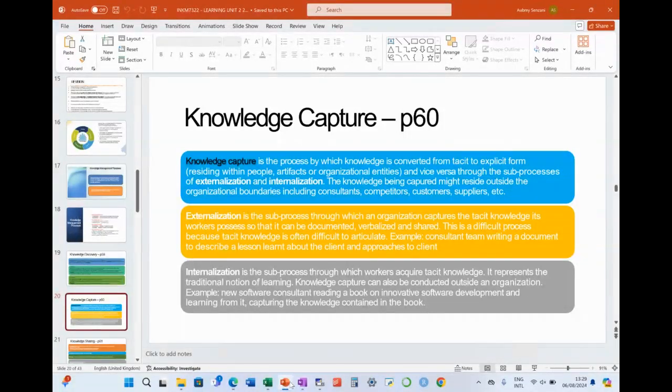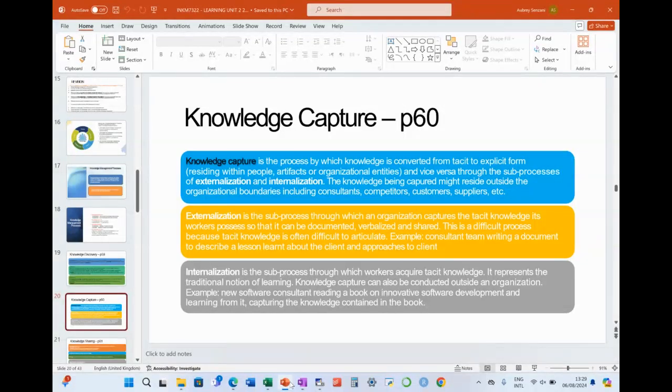Now, internalization, what are they saying? Here they were referring to when I read a book and then I internalize the knowledge that I got from the book.